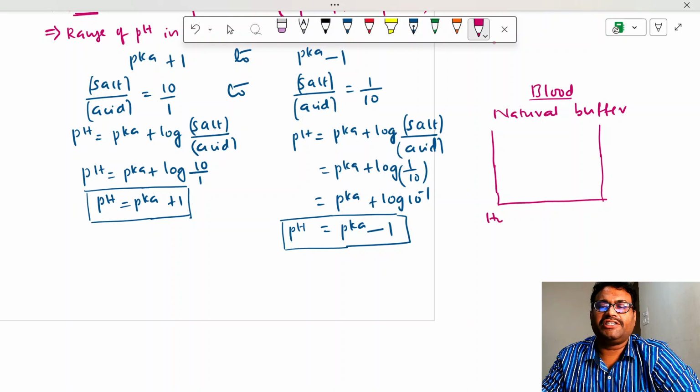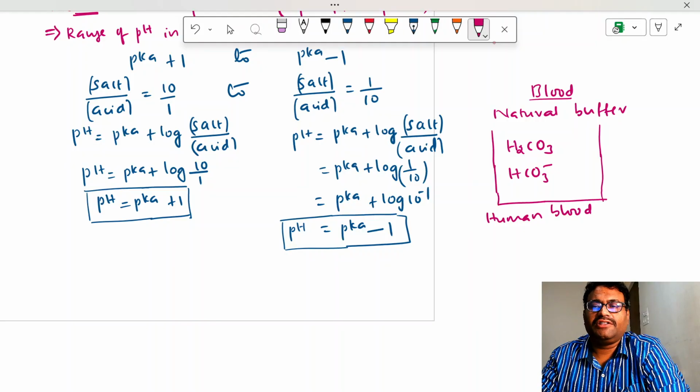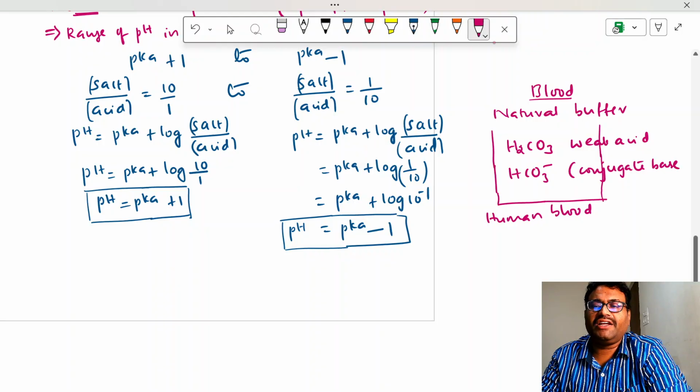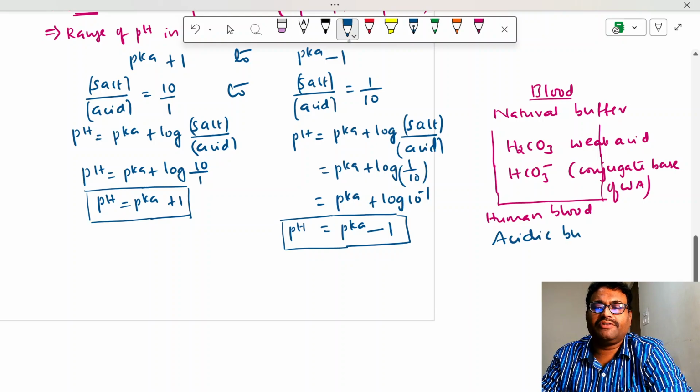In the blood, there is H2CO3 and HCO3 minus. What is this? This is a weak acid, and this is the conjugate base of that weak acid. So this mixture is an acidic buffer solution.